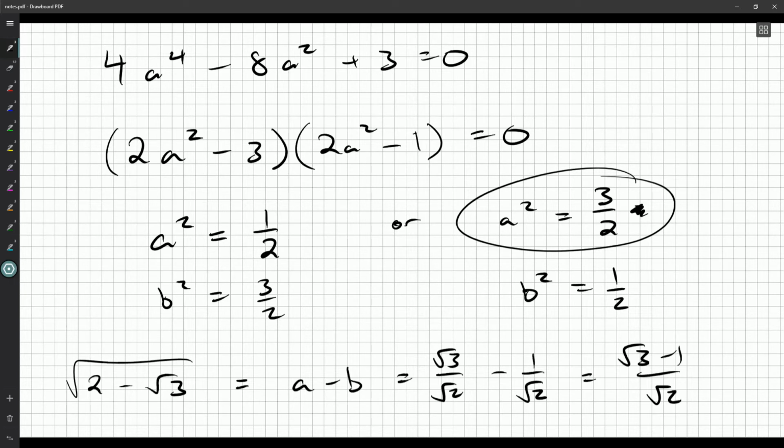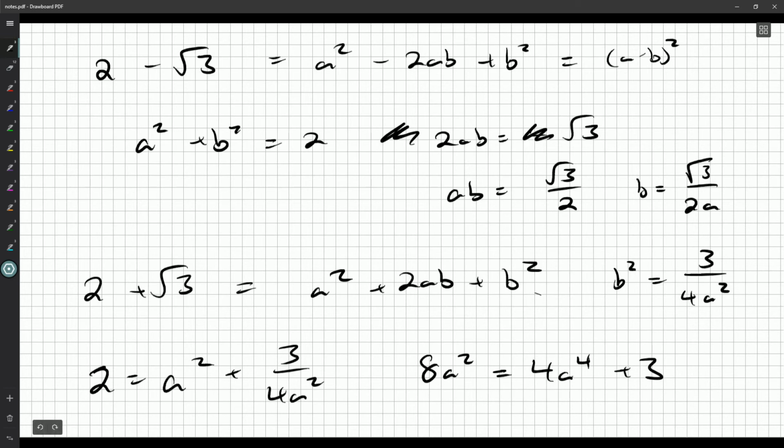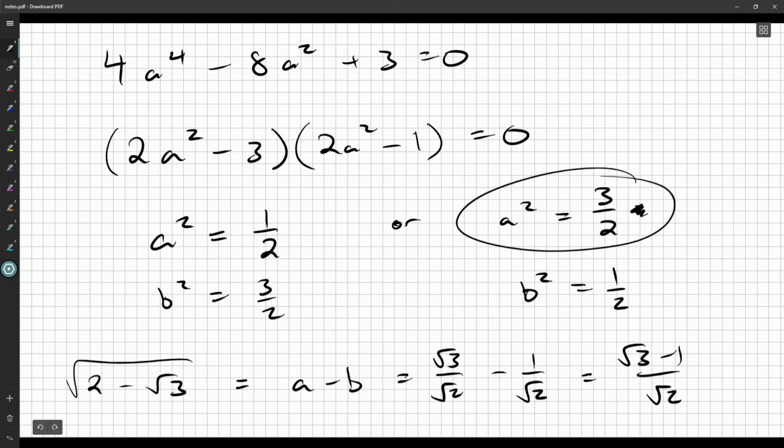Root 3 minus 1 divided by square root of 2. No, I'm a little off on something there. But that does give me the a times b that I want. Right, it's root 3 over 2. Yeah, that would be fine.